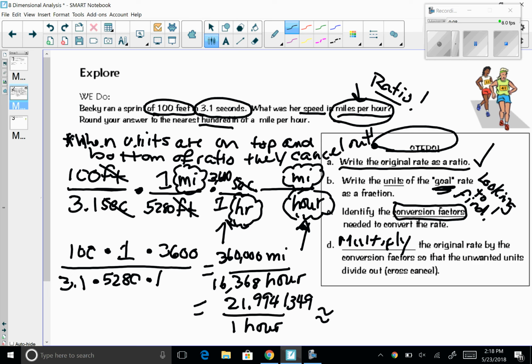So that is going to result in 21.994 miles per hour.